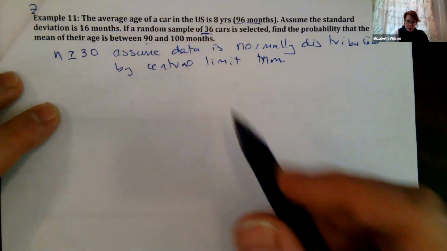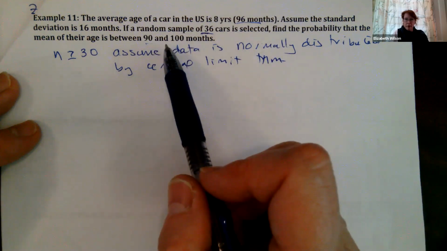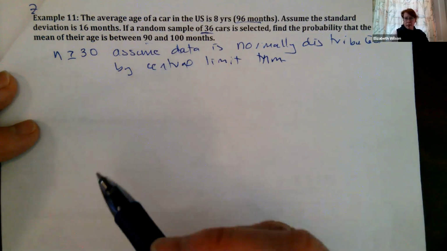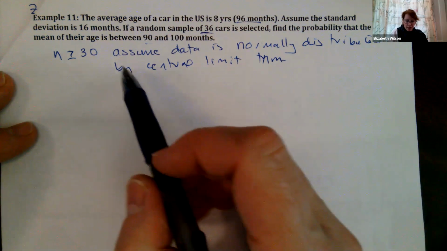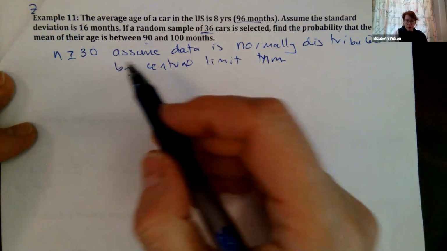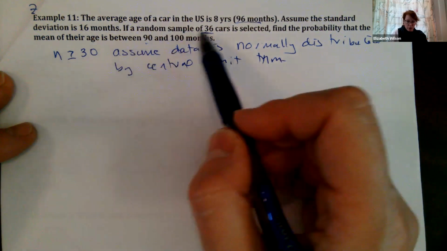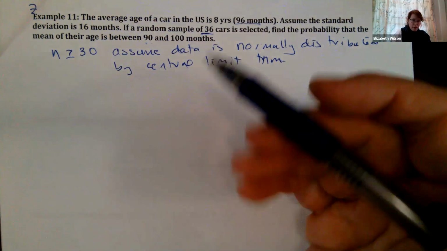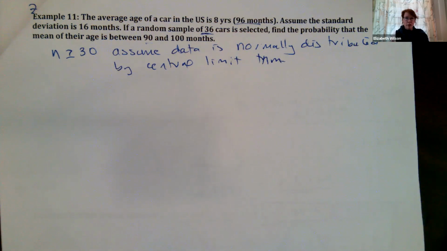See, it didn't tell me anywhere within here that my data was normally distributed. It didn't say, assume it's normal. But because my sample size is more than 30, I'm going to make that assumption because of the central limit theorem. I can do that, right? I have more than 36 cars. So that means that I can use my Z table. I can use all the standard normal procedures to calculate things.